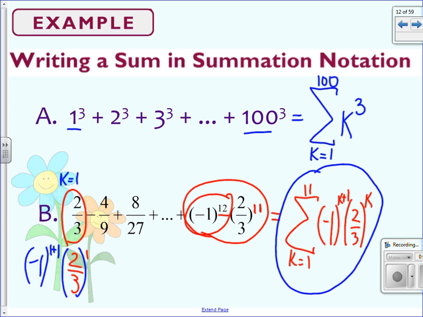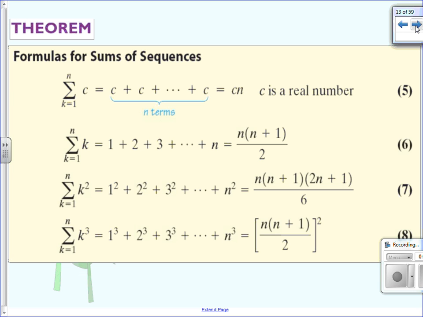Now, some common sums have formulas associated with them. The first one is the sum of the same number, so that is repeated addition. So if I add a number n times, for example, c n times, that's just a way of saying multiply.